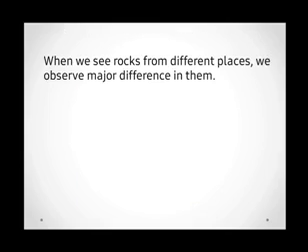Now, when we see rocks from different places, we observe major differences in them. The difference is the color of the rock. The rocks are of different color at different places.